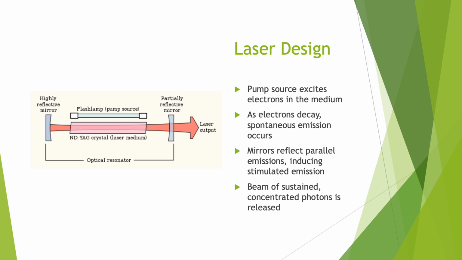So then, as you can see, the two mirrors are labeled a little bit differently. On the left, we have a highly reflective mirror, so every photon that hits that is just going to be shot back into the medium, causing more and more to be released. And then on the right, we have a partially reflective mirror. So most of the photons that hit that are also going to be reflected back into the medium, continuing the reaction.